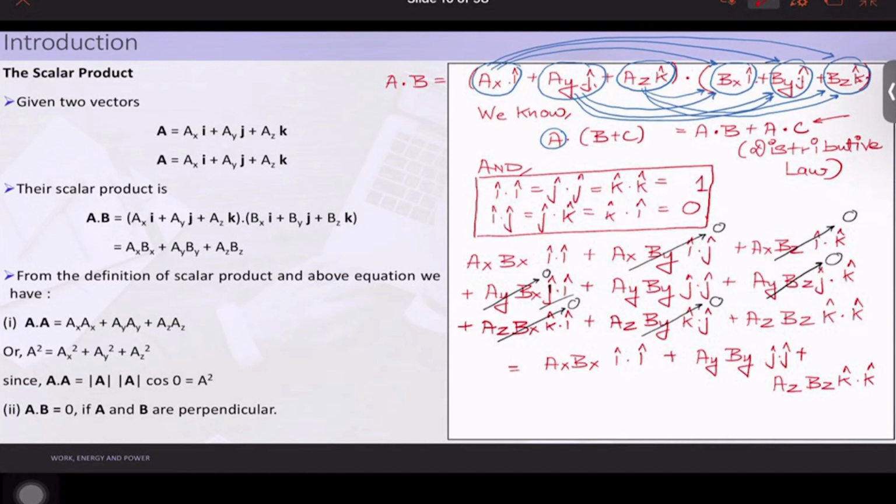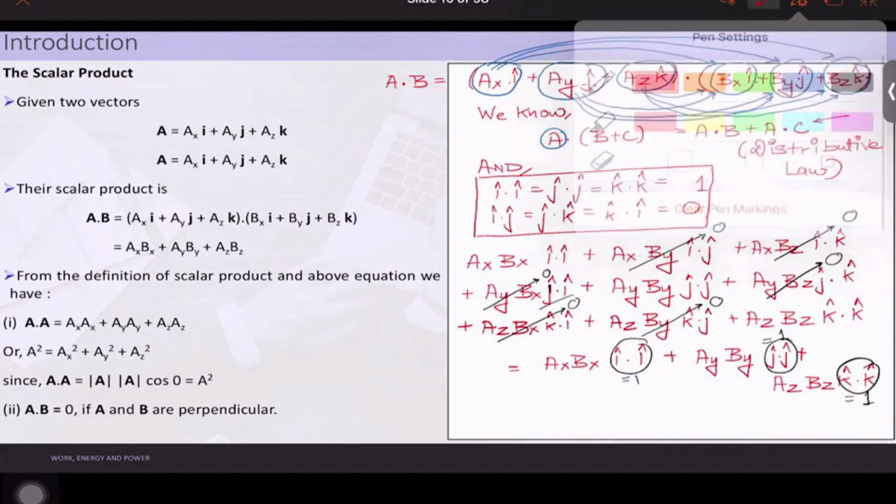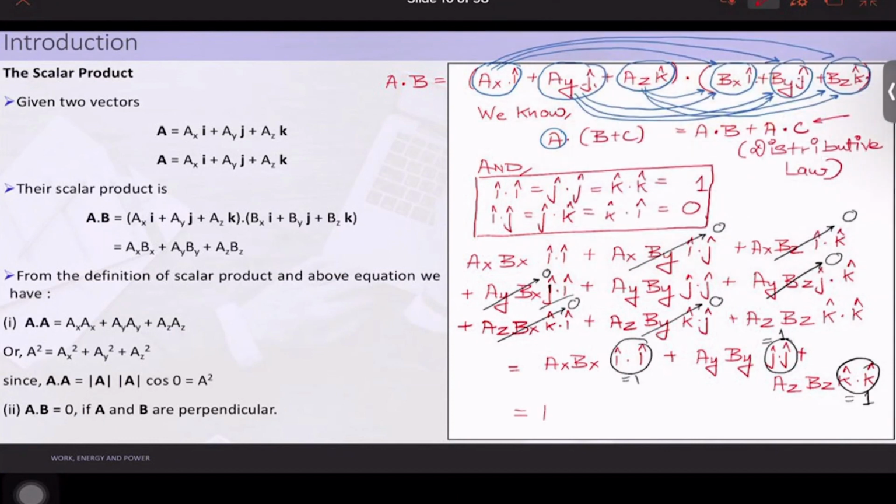Now if you see again the properties here, you can see that this is nothing but equal to 1, this is nothing but equal to 1, and this is nothing but equal to 1. Okay, so what is the final result which we get? The final result which we get is nothing but equal to AX BX plus AY BY plus AZ BZ. Okay, so that is the final formulation which we got for this.